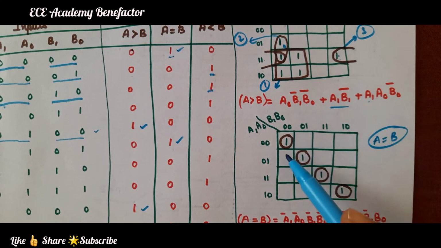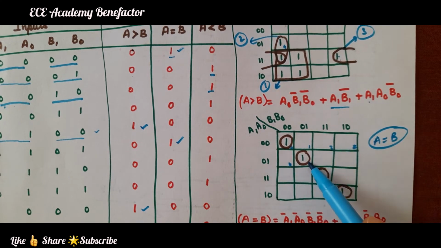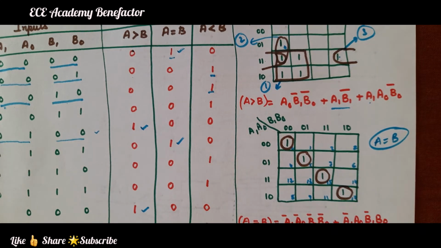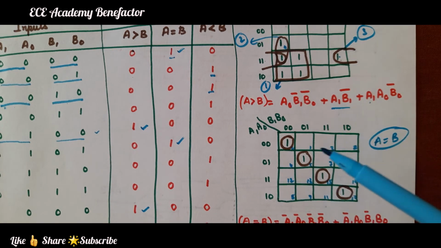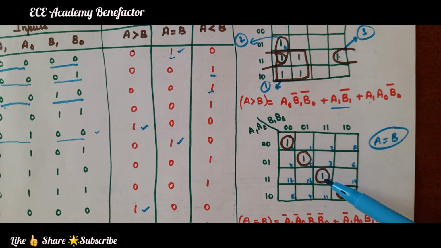We have numbered the cells 0 1 2 3 4 5 6 7 8 9 10 11 12 13 14 and 15. So we know how to number each cell in the K-map. At 0 we have 1, and at 5, 15 and 10 as well, and we have filled ones in these.